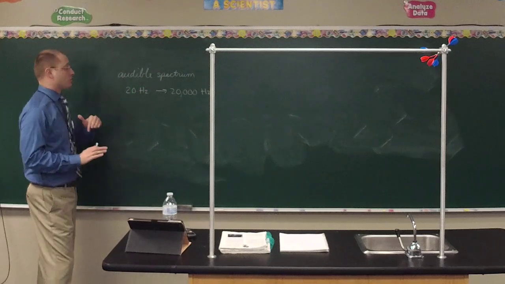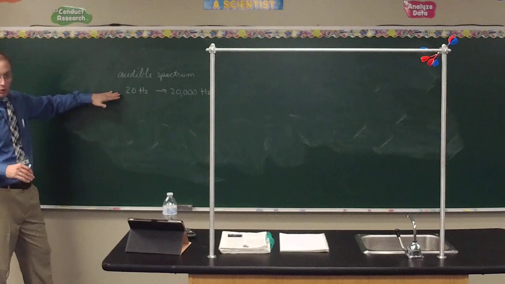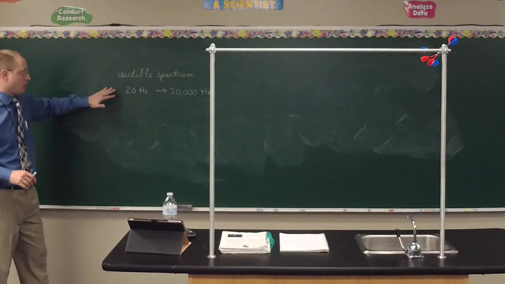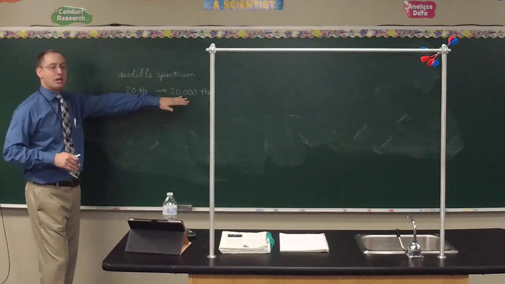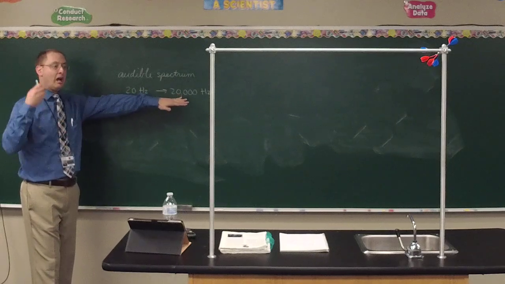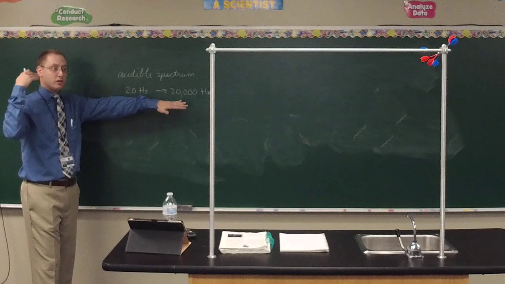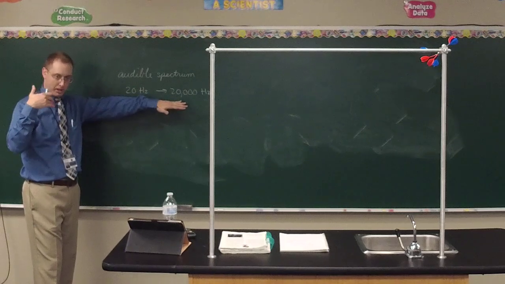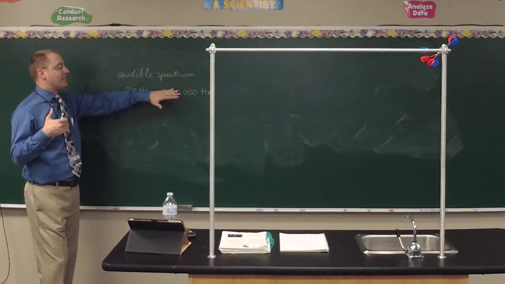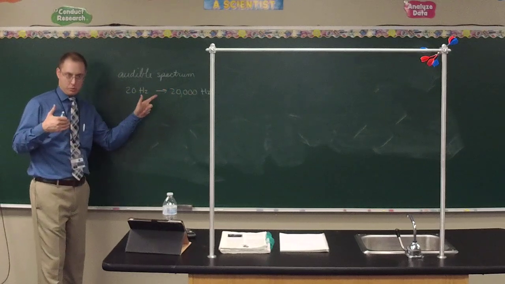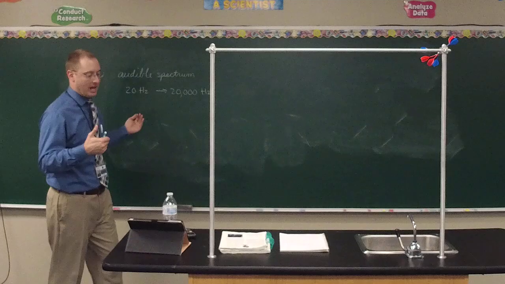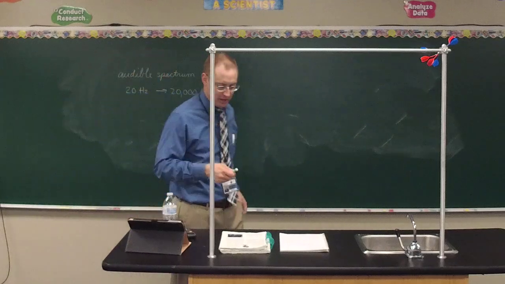Now admittedly, most humans never lose the low end. Most people can continue to hear frequencies on the low end. But on the upper end, those higher frequencies, as you get older, as your eardrum, through years and years of compressions and rarefactions, begins to lose a little elasticity, you can't detect the higher frequencies as well. And so that number comes down as you age, or if there's some sort of trauma that happens.